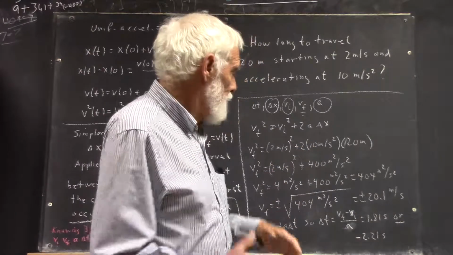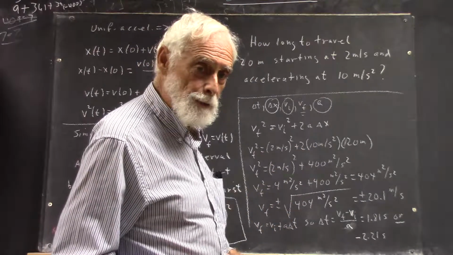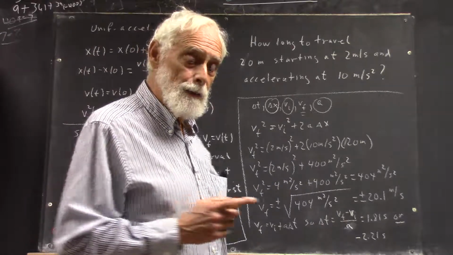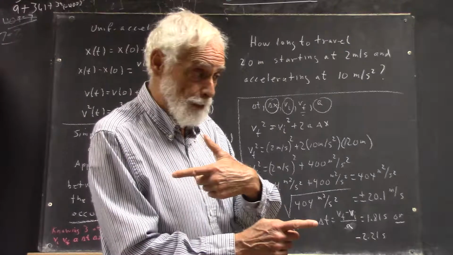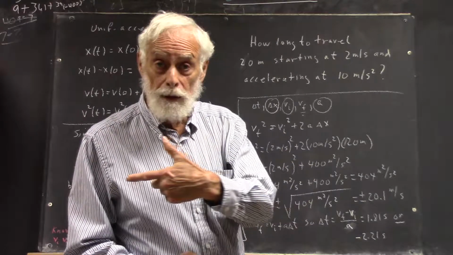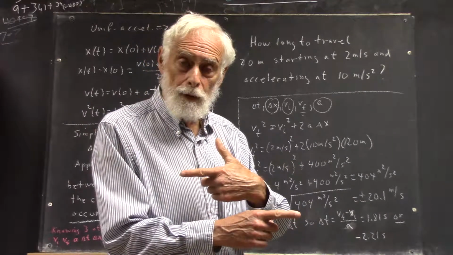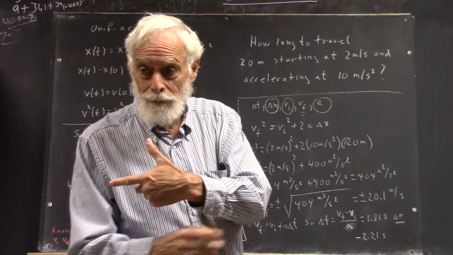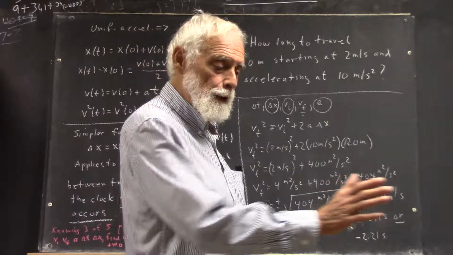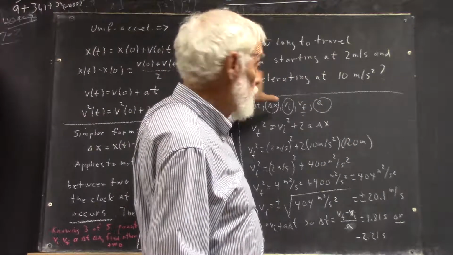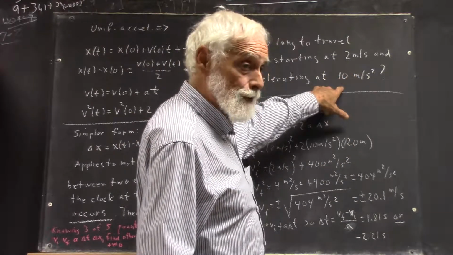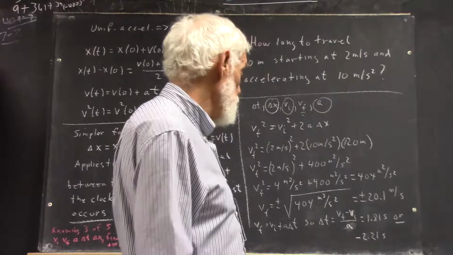Okay, and again, the negative 2.21 seconds mean this is accelerating at 10 meters per second squared, but it starts at negative 20.1 meters per second. This is going to go backwards for a while. 10 meters per second squared acceleration will slow it down, and then it'll start speeding up, and a little later it will get to the 20 meter position, still accelerating at 10 meters per second squared.